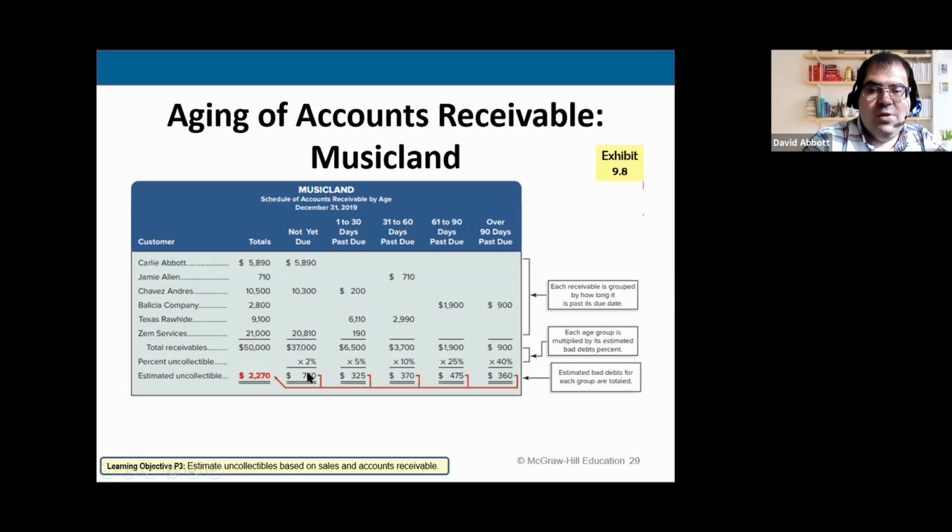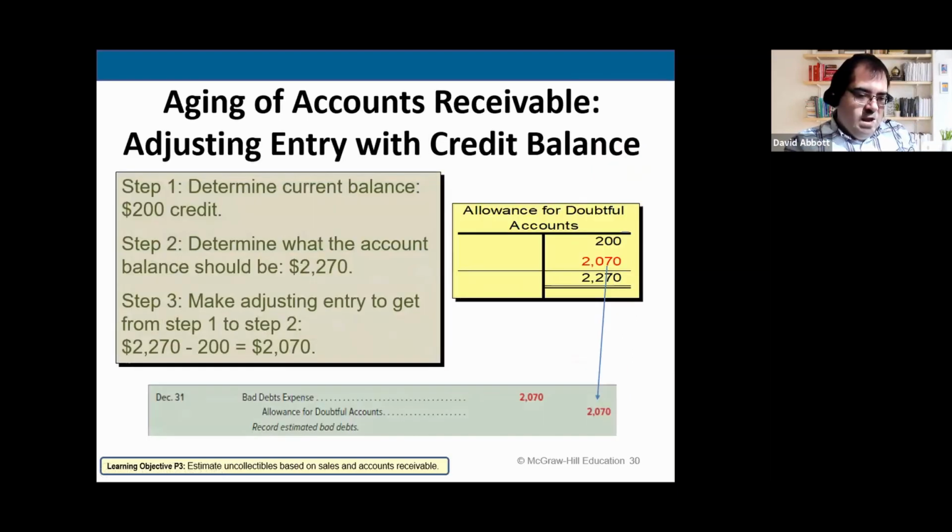And so if we multiply that percentage by the total receivable that's past due for each one, then we get the estimated uncollectible for each time period. Add those together, then we get our total estimated uncollectible. So now notice that the allowance account has an unadjusted credit balance of $200. The required adjustment to the allowance for doubtful accounts is $2,070.